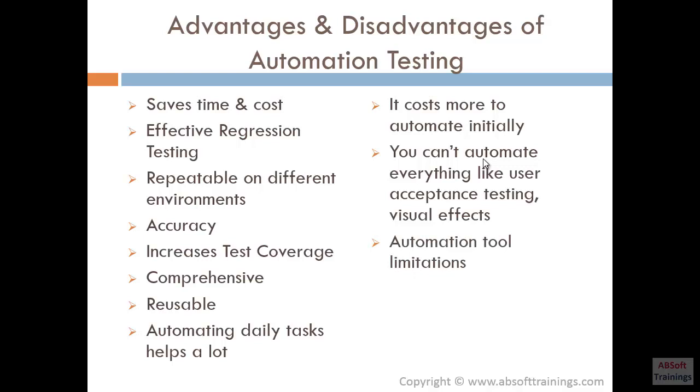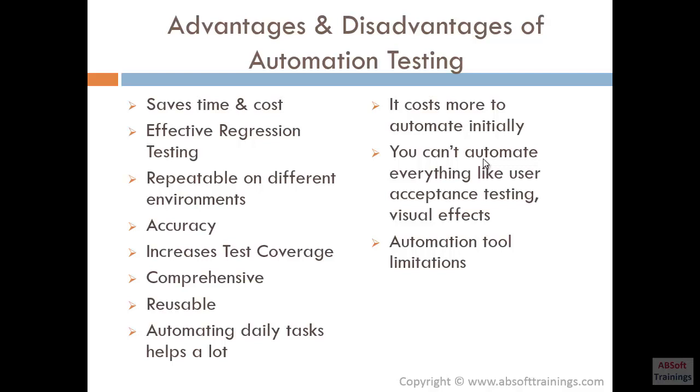One more thing is automation tool limitations. If you are choosing an automation tool and there are some limitations with the tool, you need to stick with them. For example, if you take Selenium, Selenium is really good for web applications, but using Selenium you cannot automate Windows applications or desktop applications.